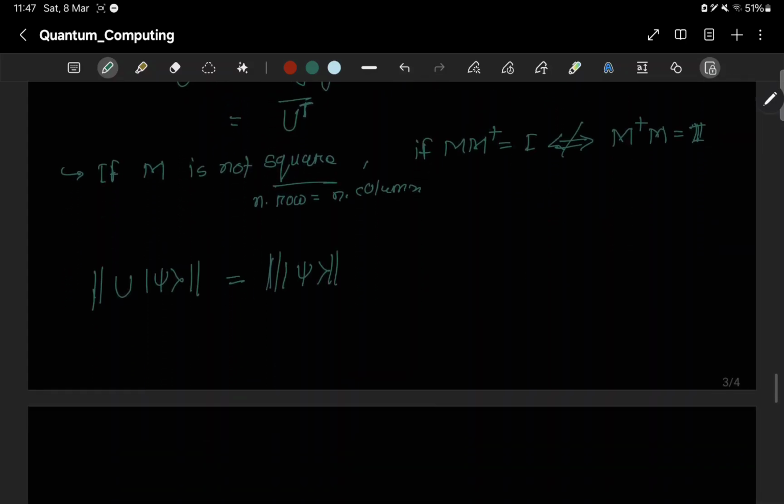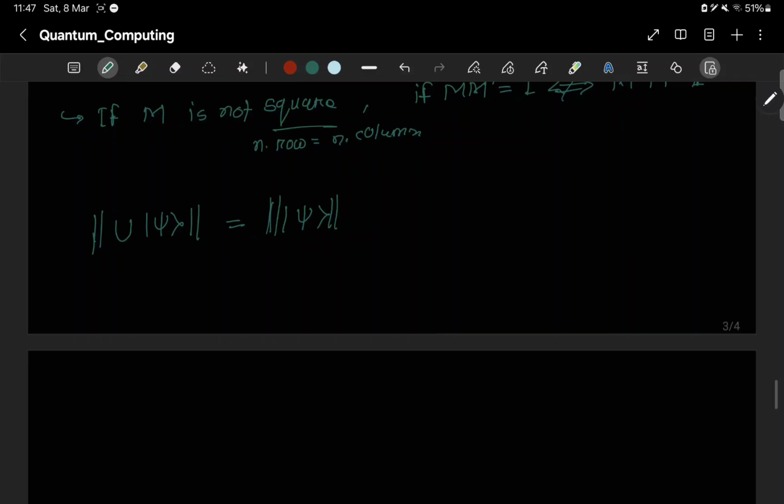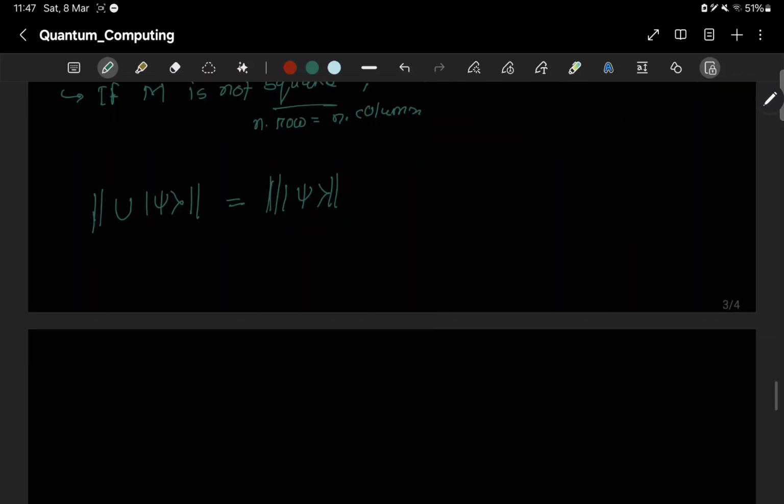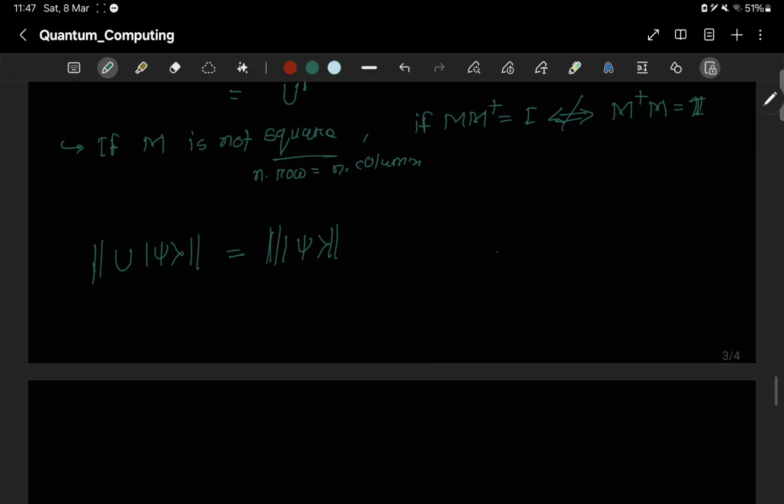Okay, fair enough. That means, let's say psi represents a vector in the Hilbert space. When you apply U, it's just rotating the vector in the Hilbert space. It is not changing the length of this vector. That's what it means.